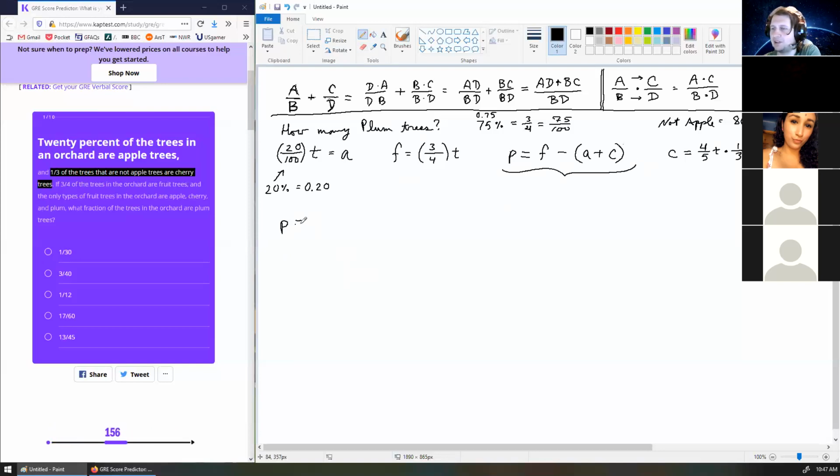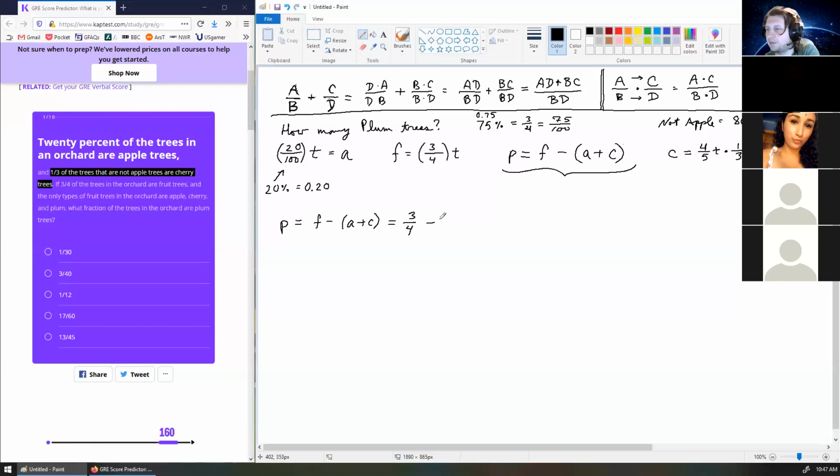So plums is going to be equal to the number of fruit trees minus the apples and the cherries. Okay, so we've got 3/4 of the trees. I'll just remove the t for now.